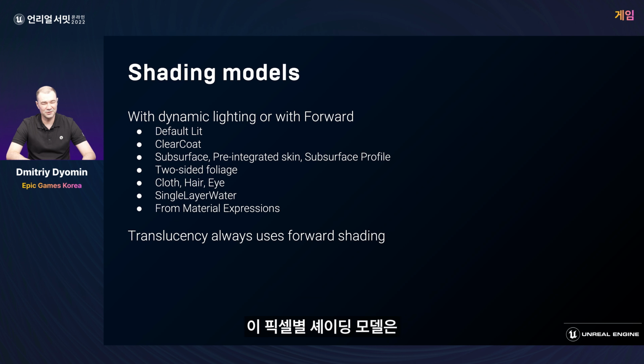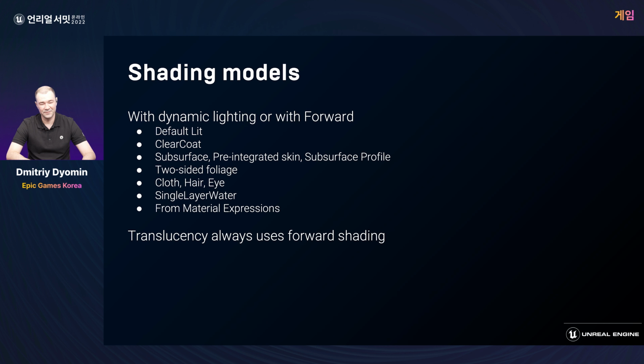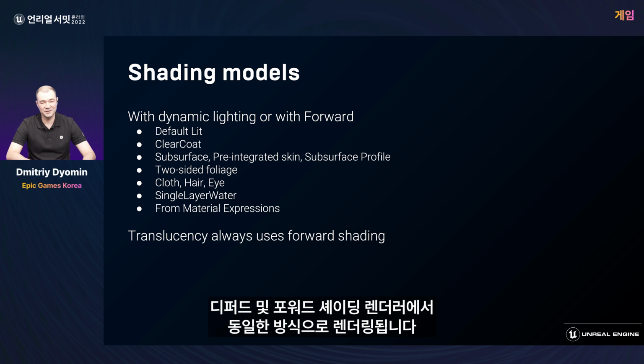This per pixel shading model is quite expensive because you have to use the dynamic branches, so you should use it with care on mobile. Translucency always uses forward shading and is rendered the same way on both deferred and forward shading renderer.